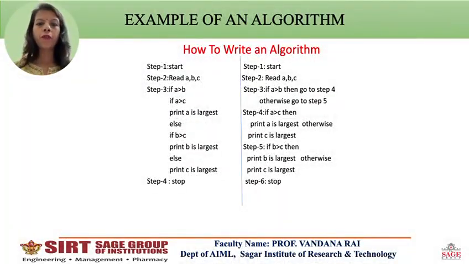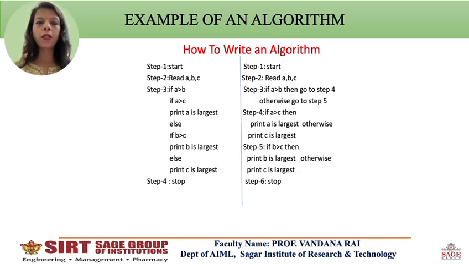This is an example of an algorithm. You can see this is the algorithm for finding the greatest number among three numbers. In the first algorithm, you can see there are four steps.